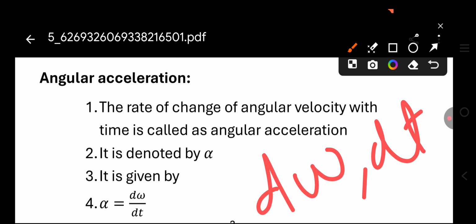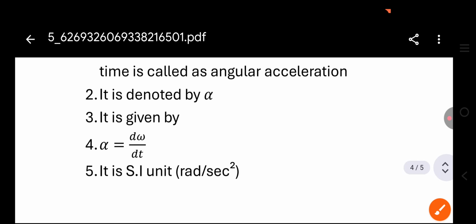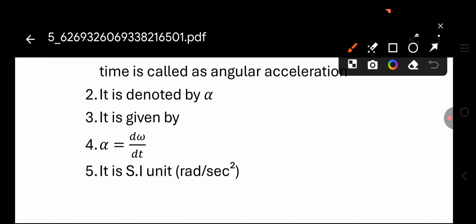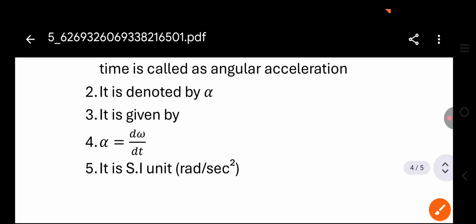The rate of change of angular velocity with time is called angular acceleration. The SI unit of angular acceleration is rad per second square.